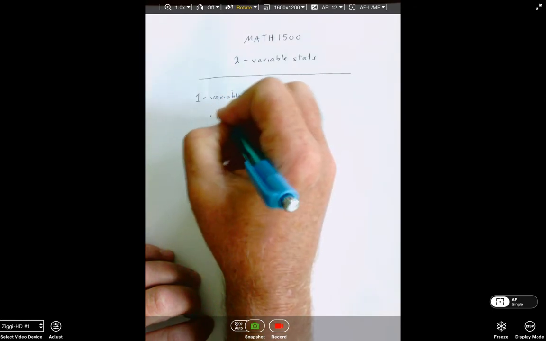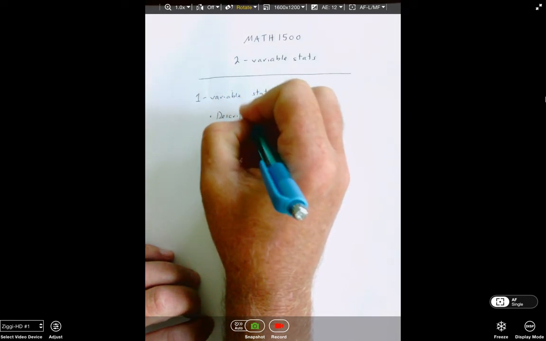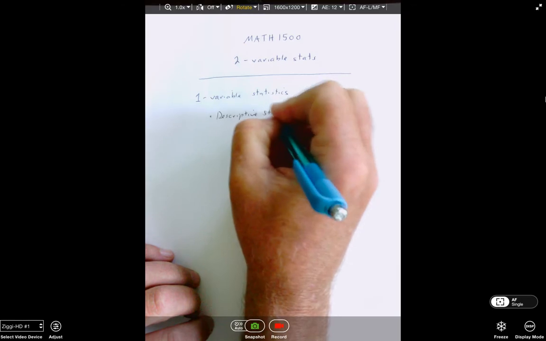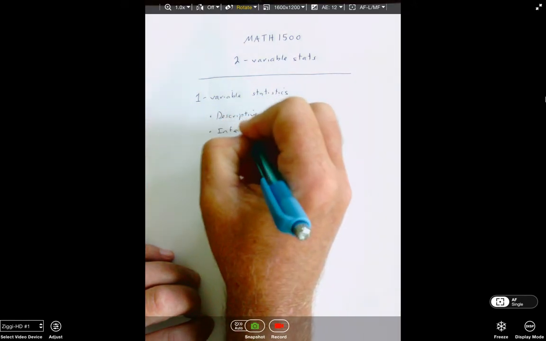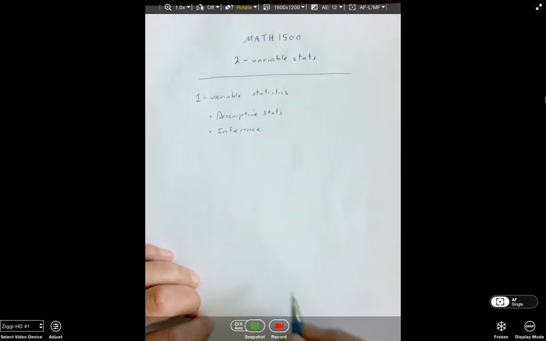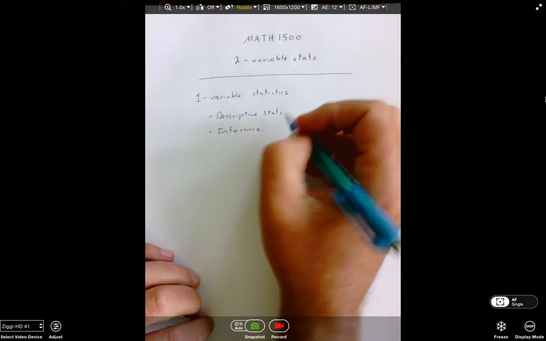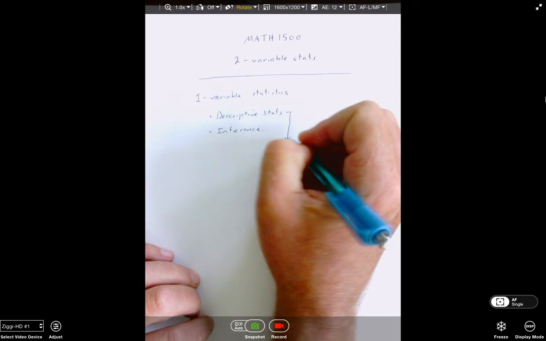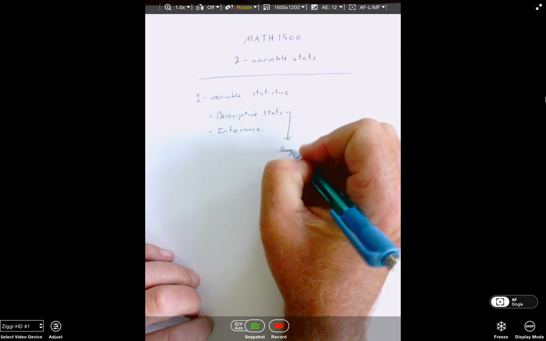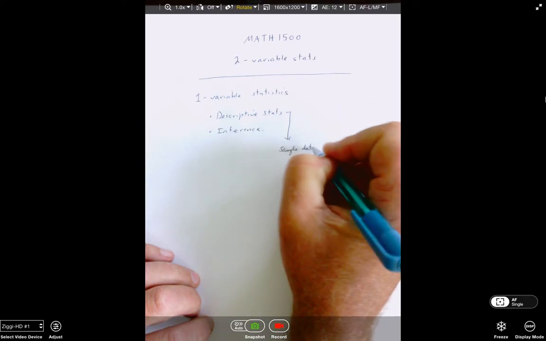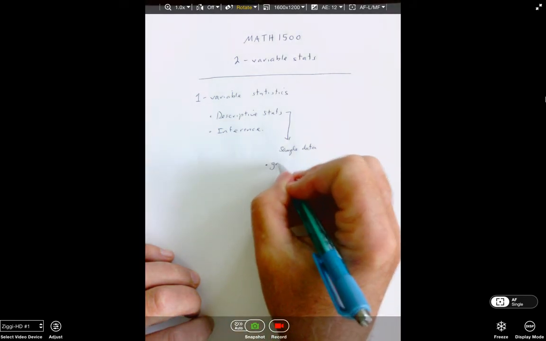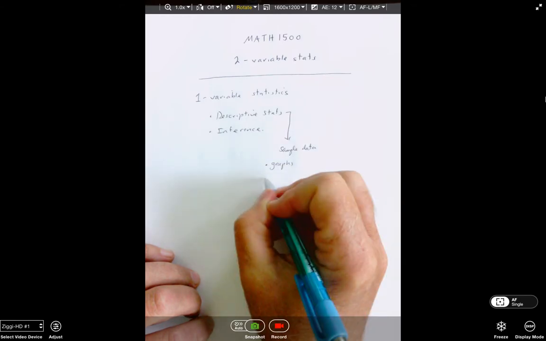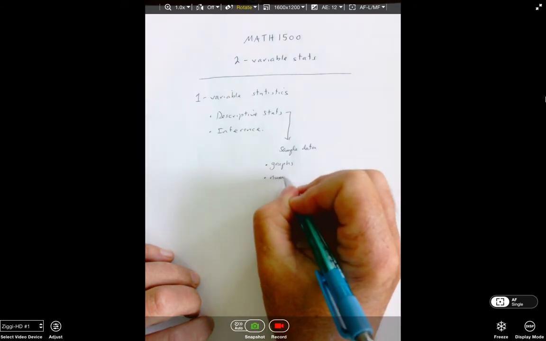The first one was descriptive statistics, and the second was inference or inferential statistics. Descriptive statistics allows us to look at our sample data and look at pictures and look at numerical summaries.